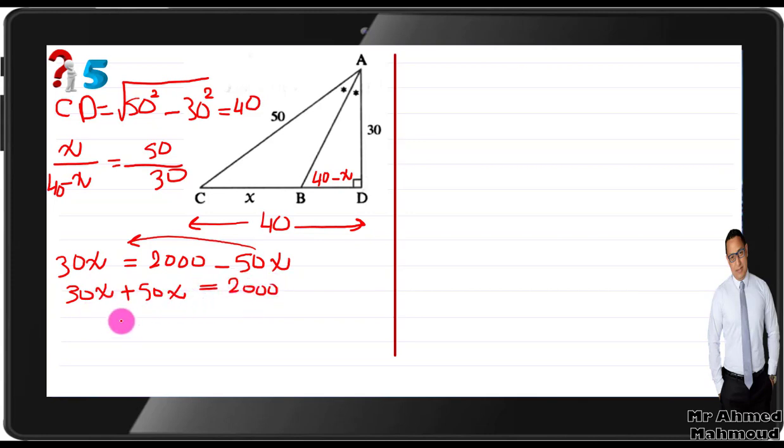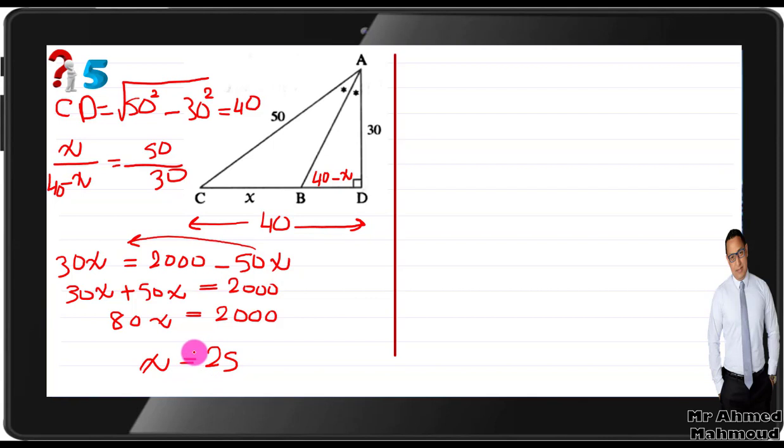Now 80x equals 2000. By dividing by 80, x equals 2000 divided by 80 equals 25, so x equals 25.